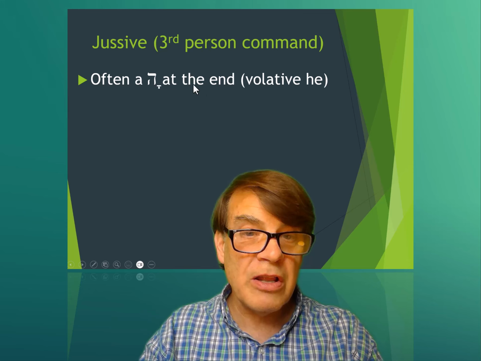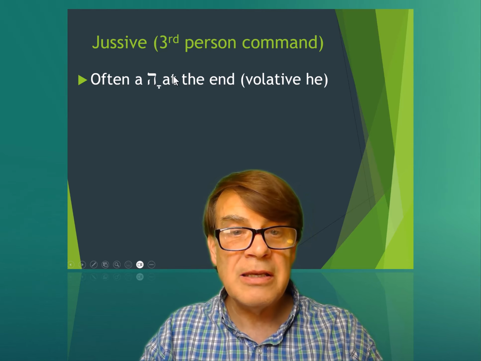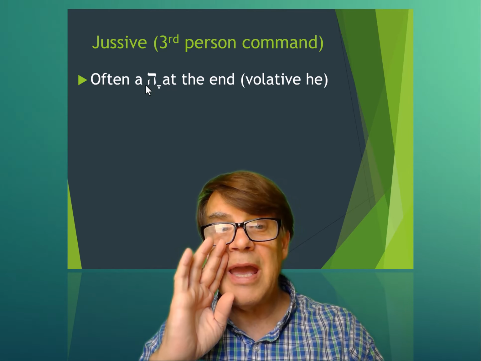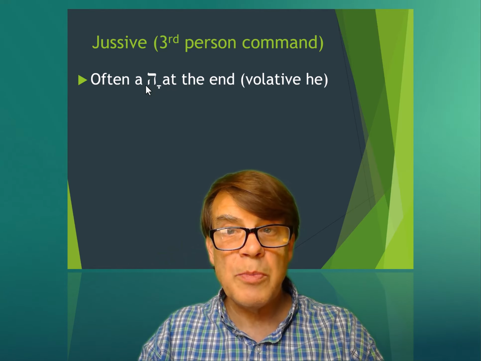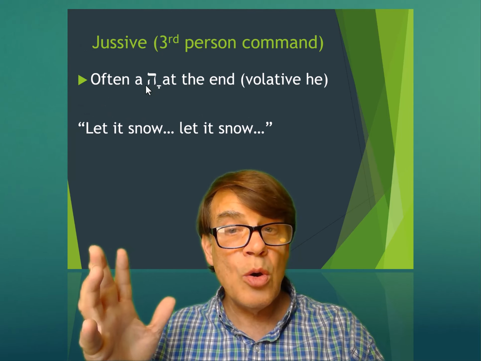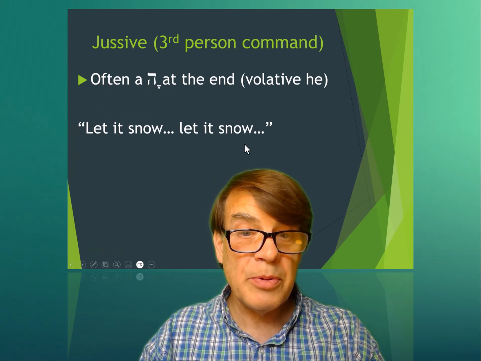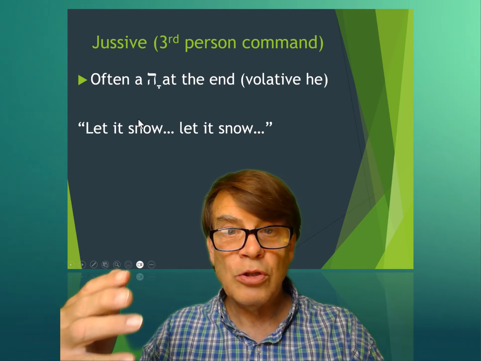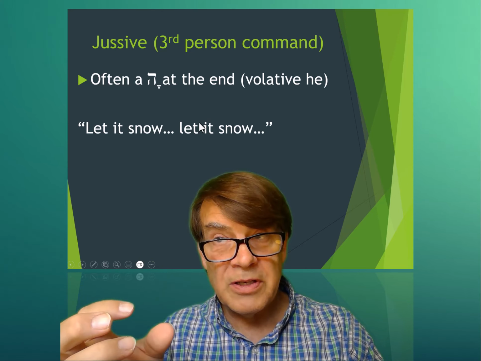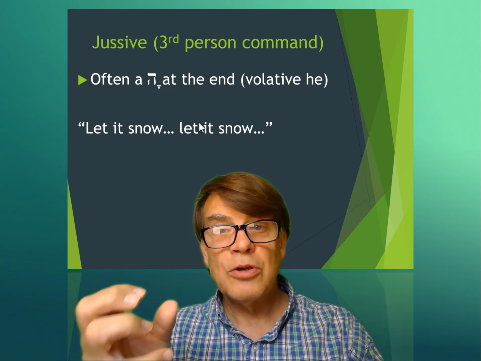And it could have that voluntative hey. This is hey, not het. It could have that kamatz hey at the end saying, hey, this is a command. So the jussive was a way to make a third person command. Let it snow, let it snow. This is an example of what a jussive might look like in an actual translation. So again, an imperfect in some contexts could be a jussive.